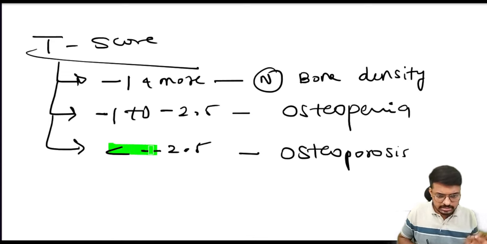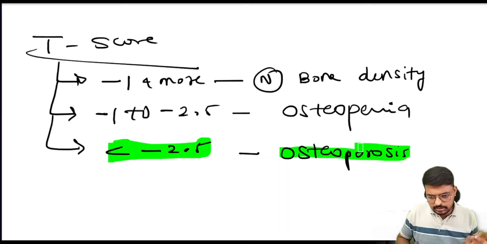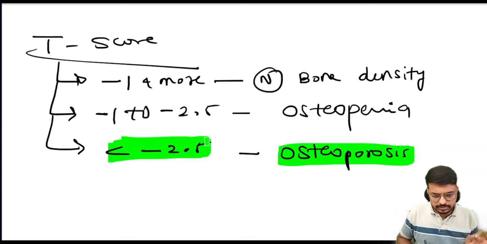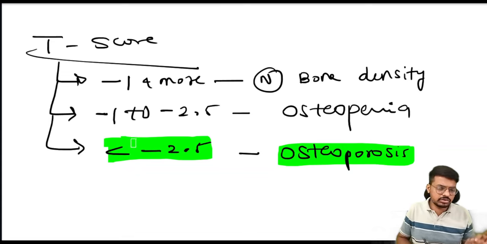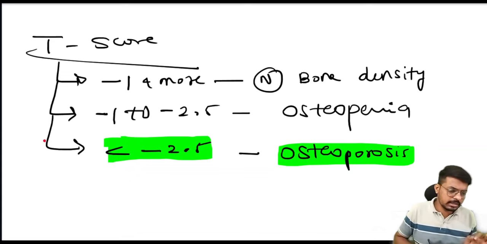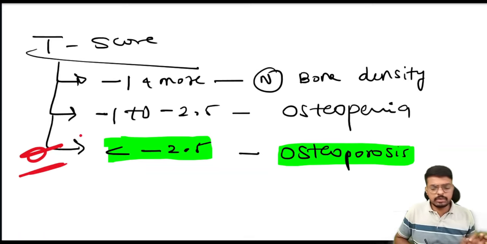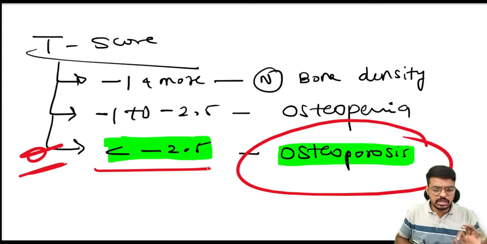This question has been asked many times in recent exams: the T score value from the DEXA scan which indicates osteoporosis is option A -1, option B -2, option C -2.5, option D less than -2.5. Your answer would be less than -2.5, which indicates osteoporosis. Children, it is very important, make a note of this.